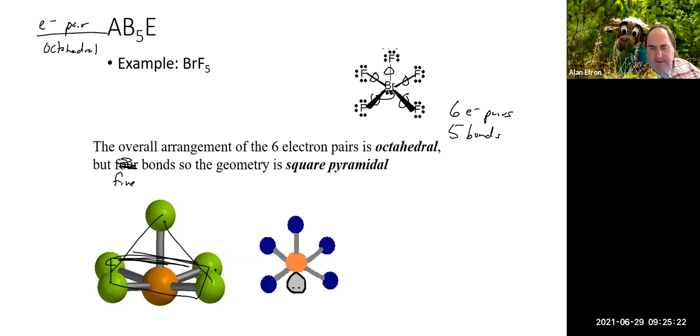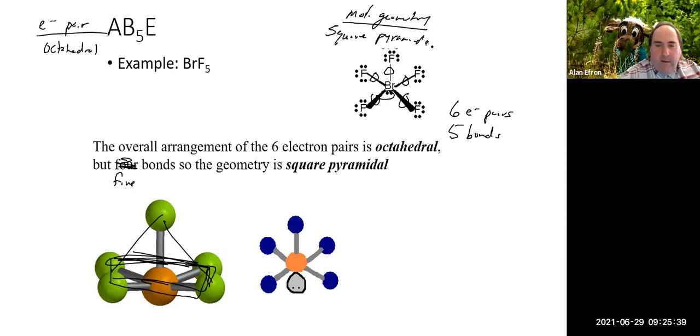Badly drawn square there on the bottom. And it makes this square pyramid shape for the molecular geometry here. And that would obviously be our expanded octet in this particular case.